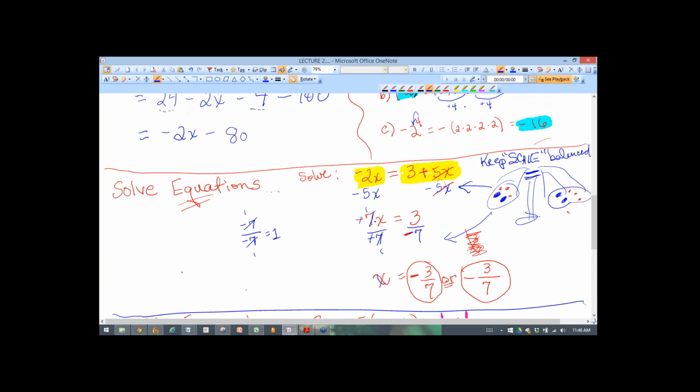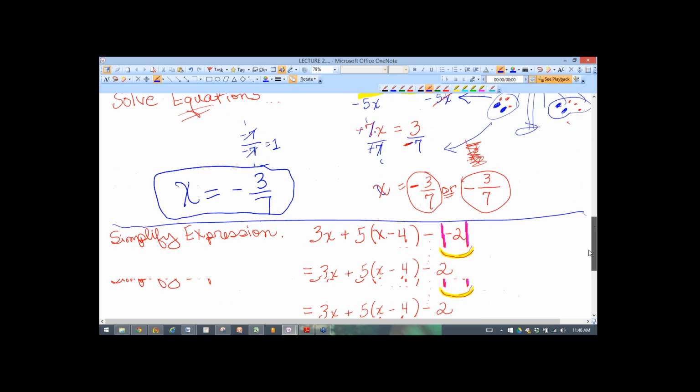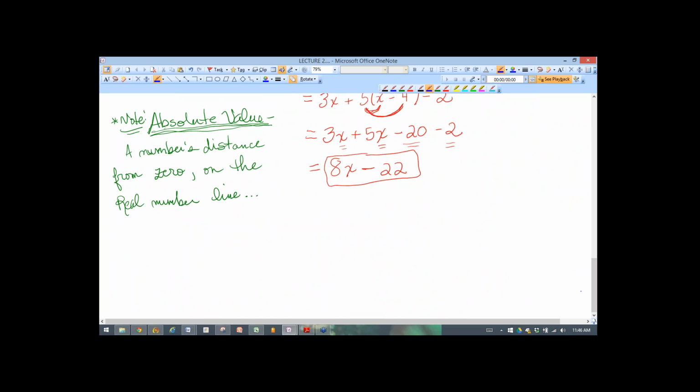In this case, we were getting to x equal to negative 3/7. So, solve equations, simplify expressions. And from time to time, you may have to evaluate. That's when we give you the values, as in that other example. Now let's move on to that other problem.